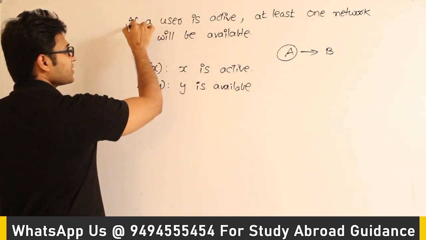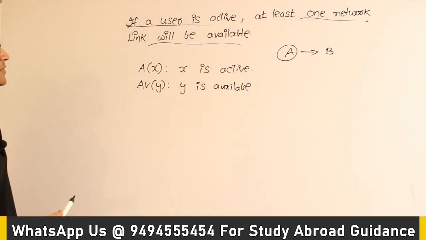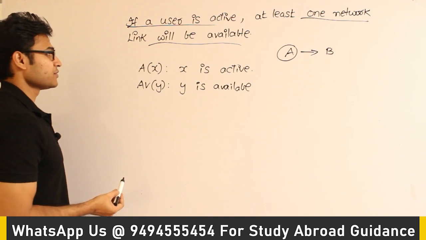So just to represent this one and this one. That is not the main thing. What is the main thing is how you are going to put the connectives there.